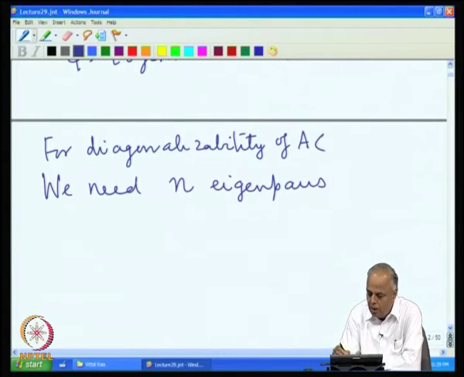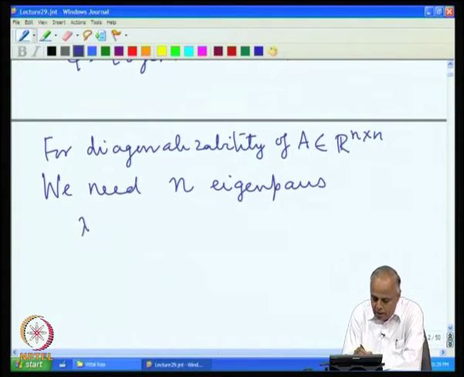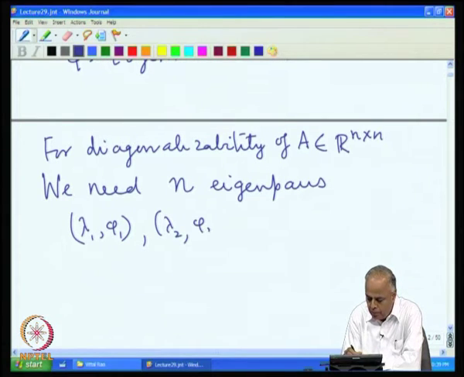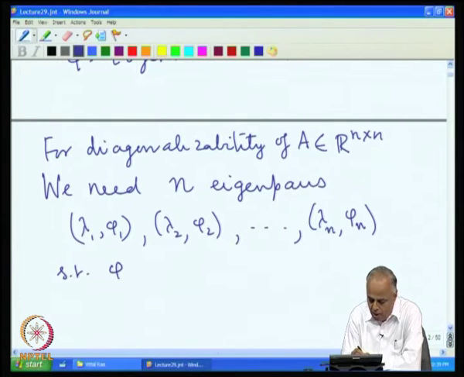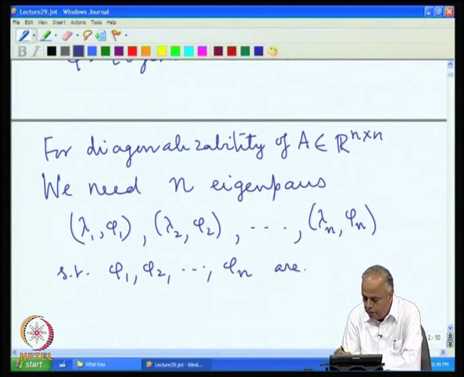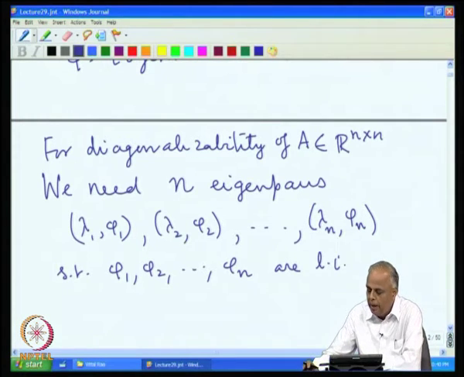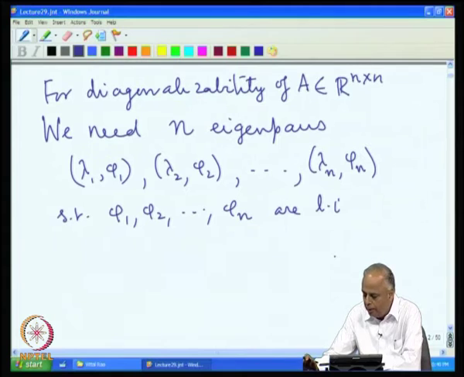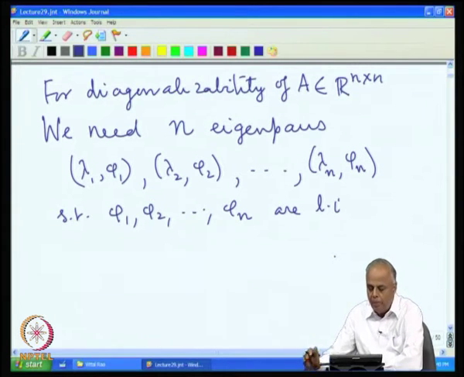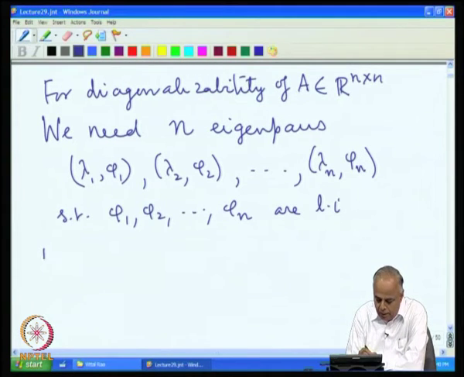If A is an n by n matrix, in order to diagonalize A, we need n eigenpairs lambda 1 phi 1, lambda 2 phi 2 and so on lambda n phi n, such that phi 1, phi 2, phi n are linearly independent. The eigenvectors appearing in the eigenpair combination must be linearly independent.